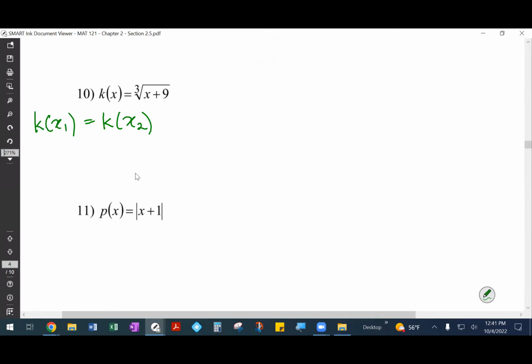So wherever you see an x, replace it with x1 or x2, depending on the side you are on. So we would have cube root of x1 plus 9 on the left, and cube root of x2 plus 9 on the right. And again, our goal here, guys, is to show if x1 is equal to x2 or not.